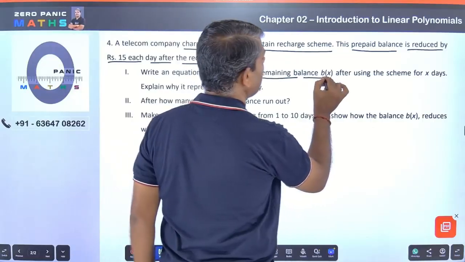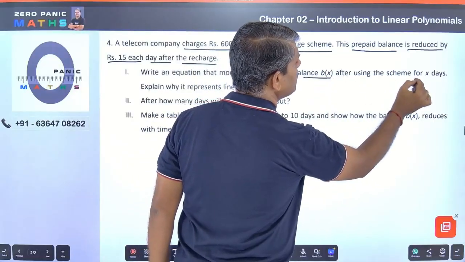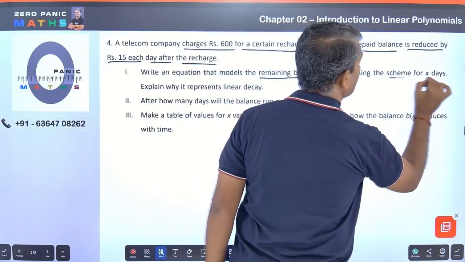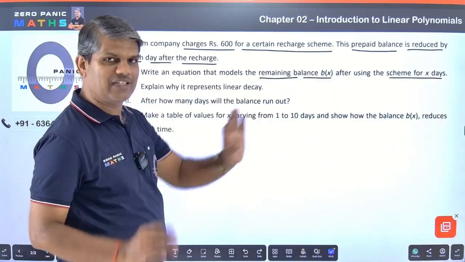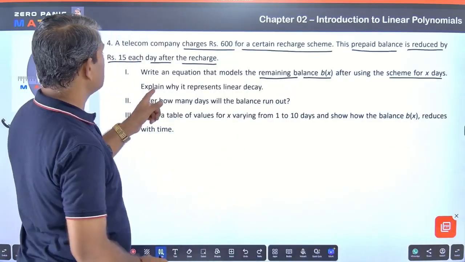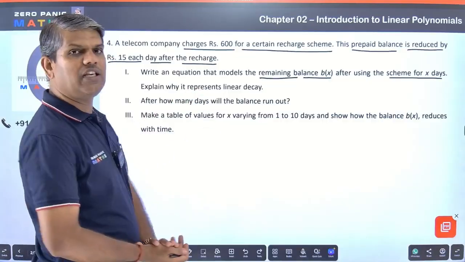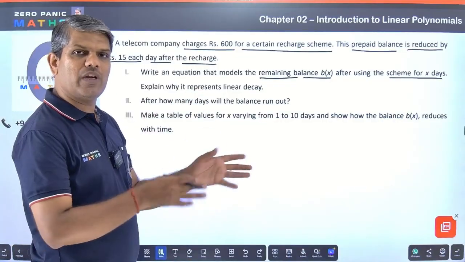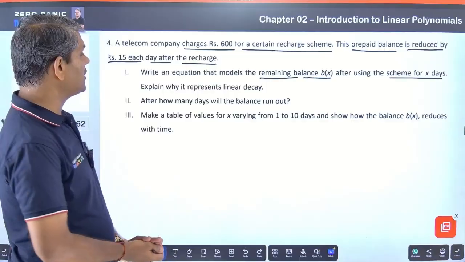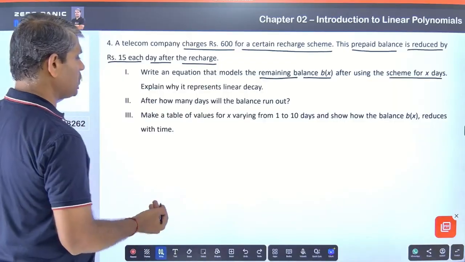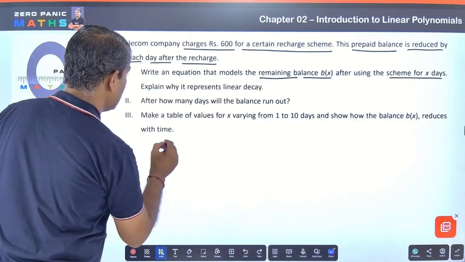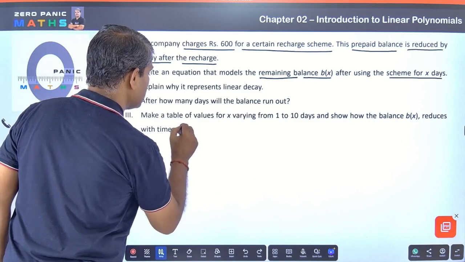So the remaining balance b of x after using the same scheme for x days. b of x represents the balance after x days. Then explain why it represents a linear decay. As usual, we have to explain why it represents a linear decay just by representing that as a linear expression. Okay, so let us first answer the first question.